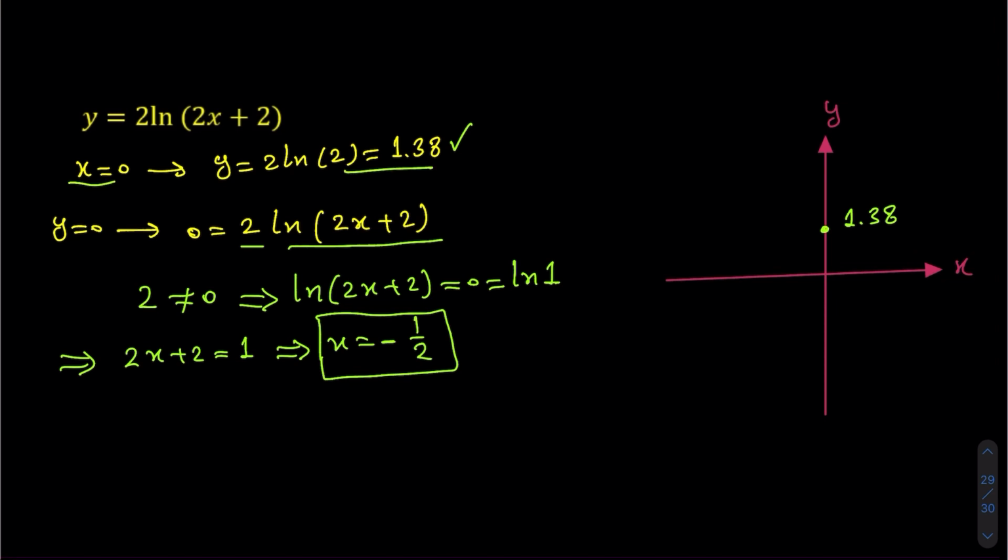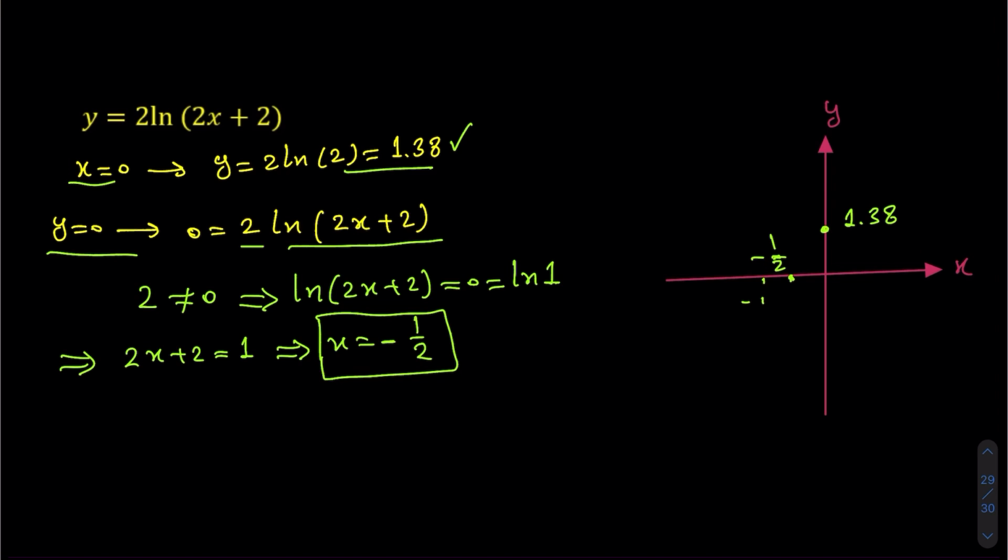And another one, where y is 0 and x is negative 1 over 2. It means on the x-axis. So here if we say 1, negative 1, it will be like here. Let's say here is negative 1 over 2.